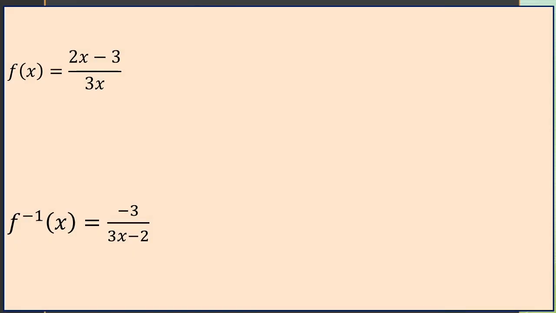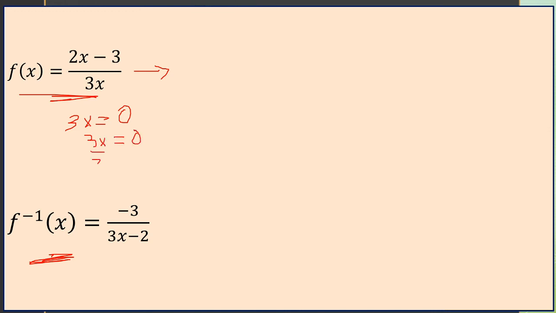Okay, eto yung pangatlong example natin kanina sa paghanap natin ng inverse of a function. Eto yung original function at eto yung nakuha nating inverse. Unang-una natin gagawin is to get the domain of this original function. 3x, equate natin to 0. And then, 3x is equals to 0.